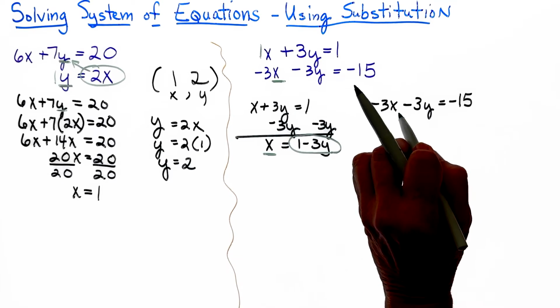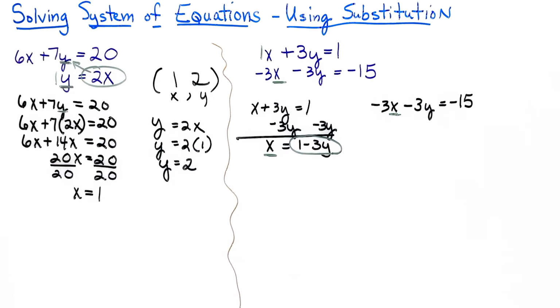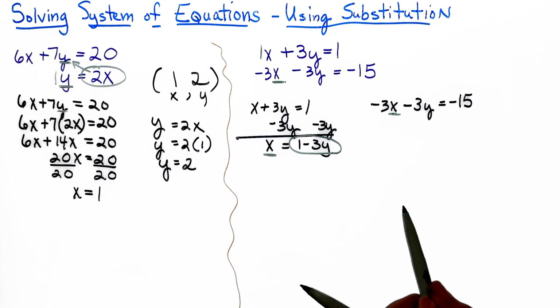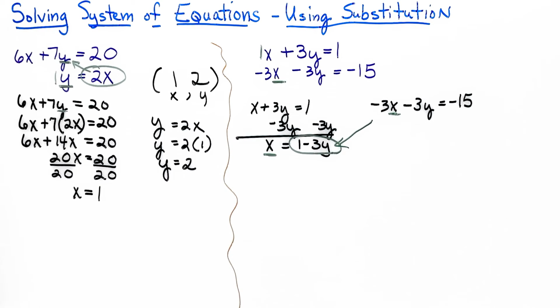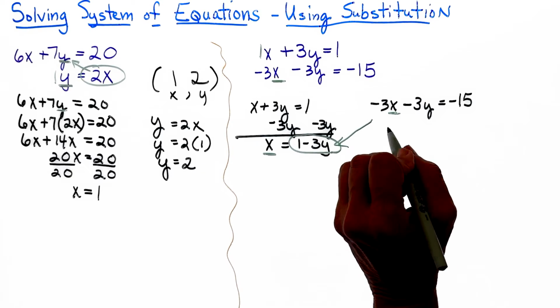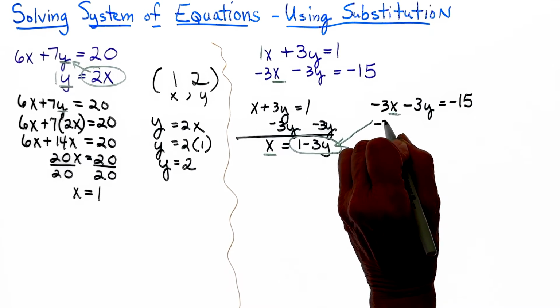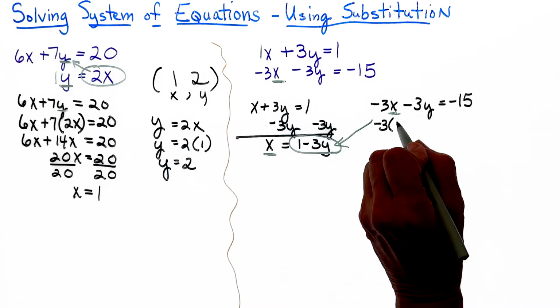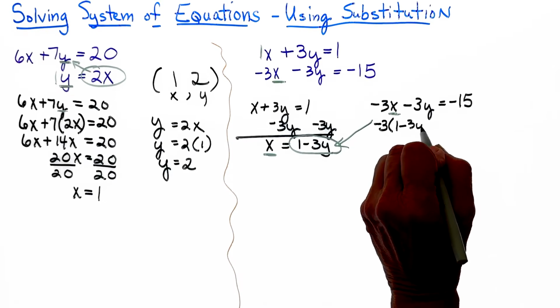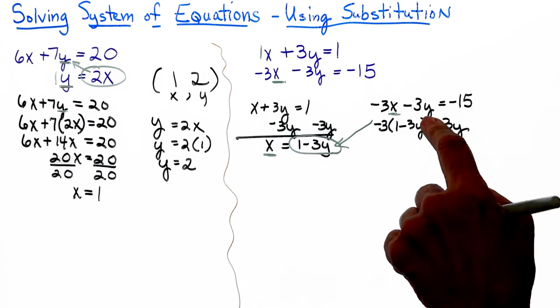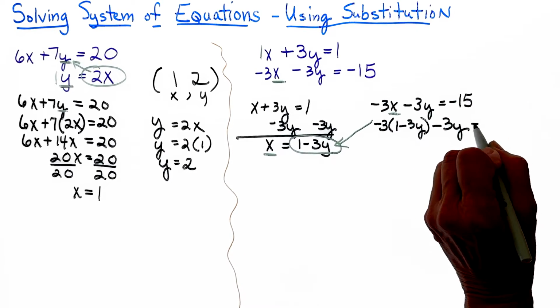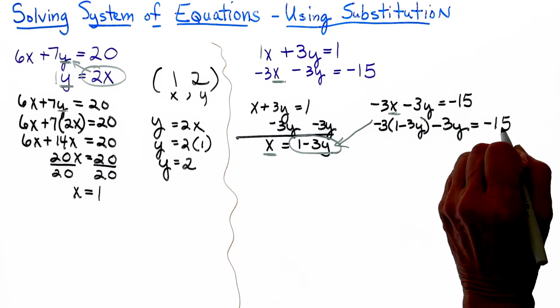So now I do know that where I see my x, I am going to put in my 1 minus 3y. So here I have my negative 3 times the quantity 1 minus 3y minus the 3y that is already there equals negative 15.